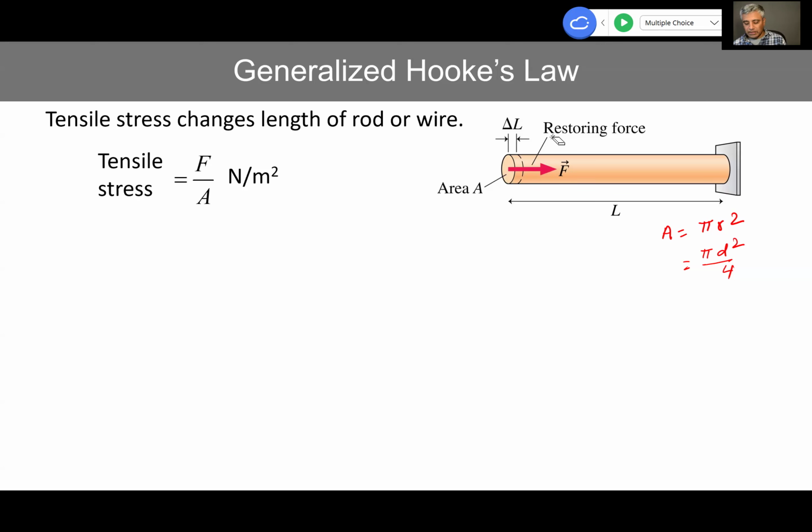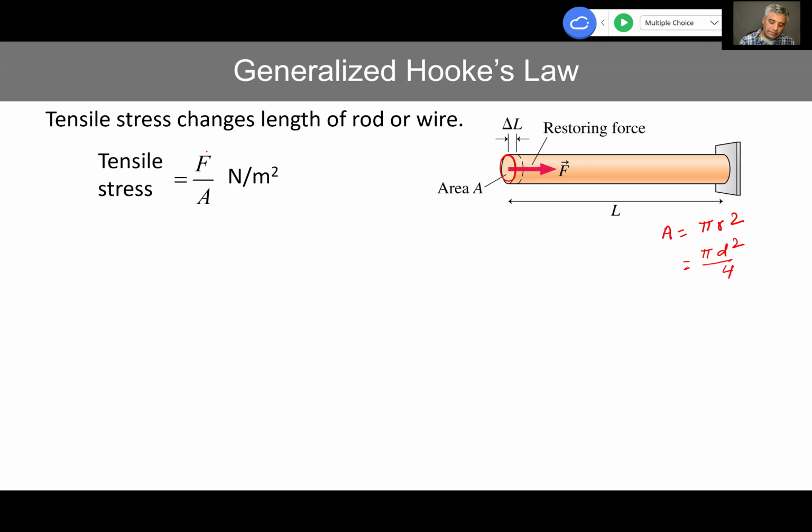So rather than just how much force we are applying, what we do is divide that force by the area at which the force is acting, or in another way, how big the rod is. Is it tiny, like a wire, or a bit bigger or even bigger? So that is included by using area.